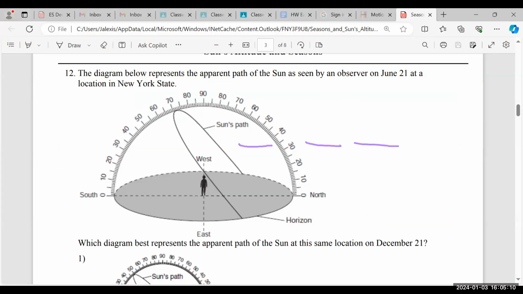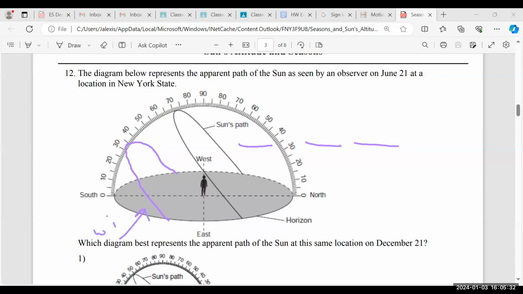So when I'm drawing my diagram, if you remember in class, it starts southeast. My highest point of my sun's path has to hit the south side, and then it sets southwest, which is right here.